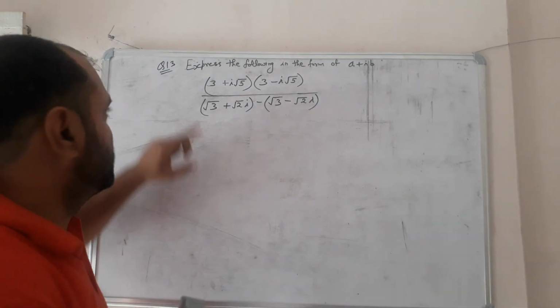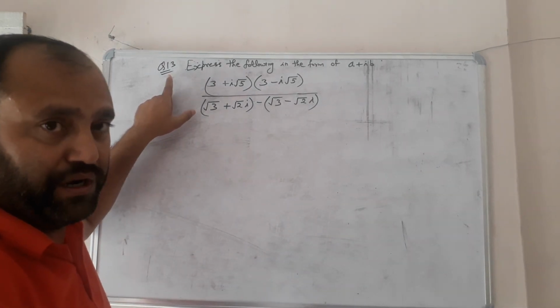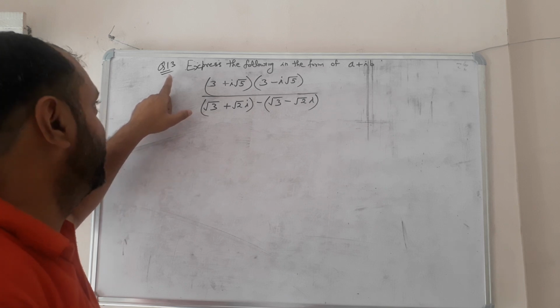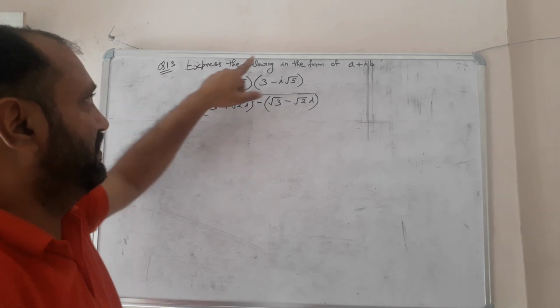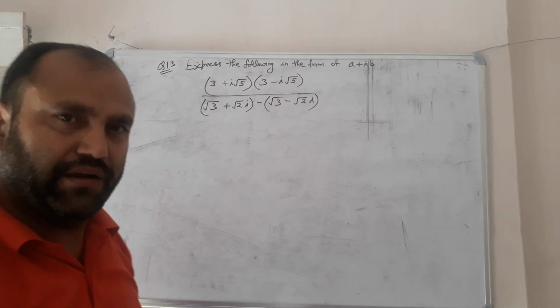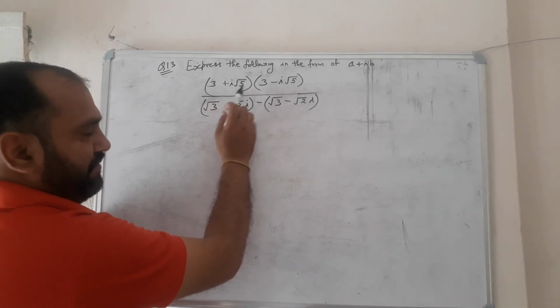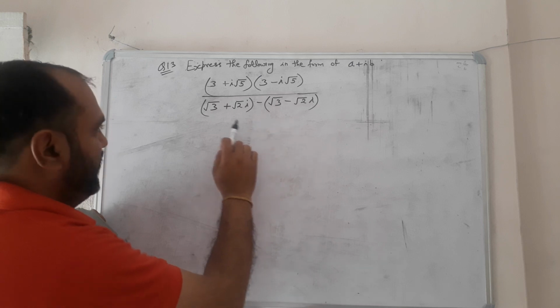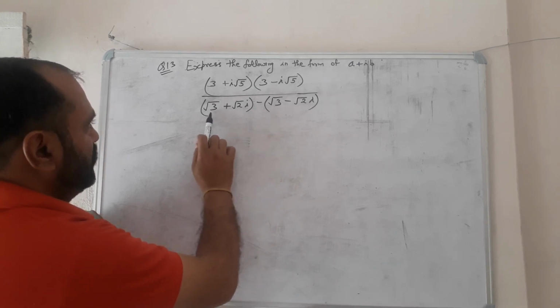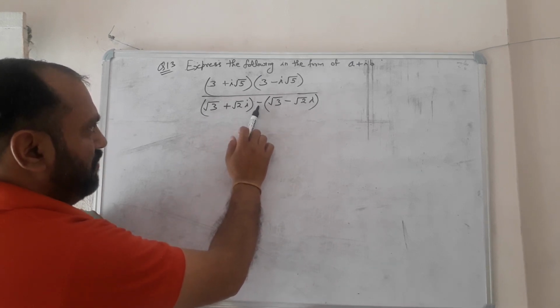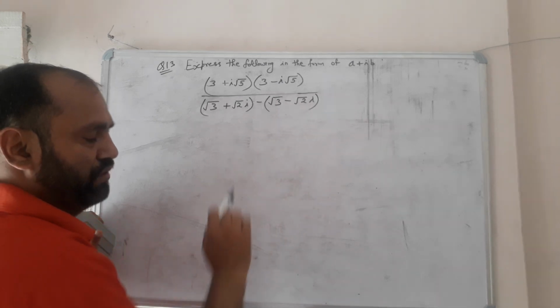Now, the last question of the exercise 5.1 is question number 13, that is express the following in the form of a plus iota b. The question is 3 plus iota root 5 into 3 minus iota root 5 upon root 3 plus root 2 iota minus root 3 minus root 2 iota.